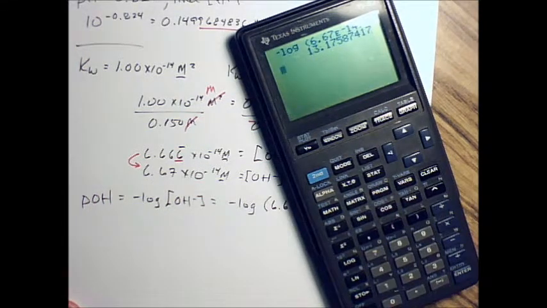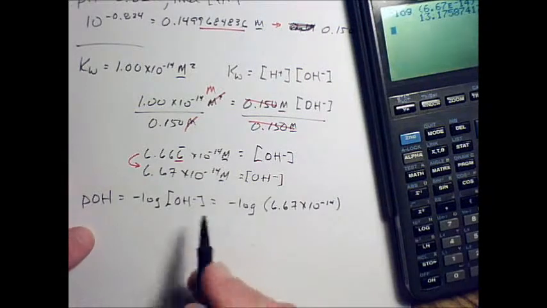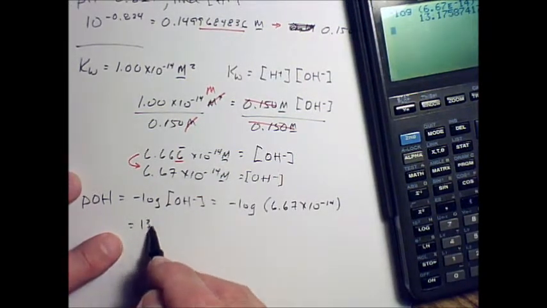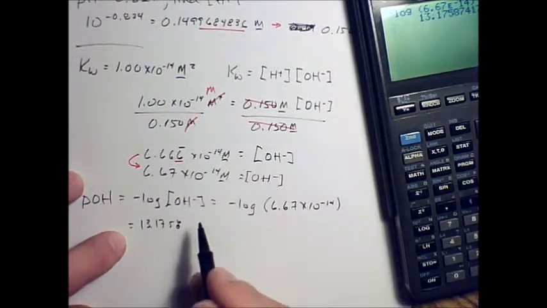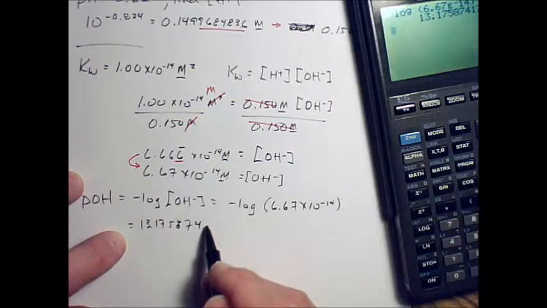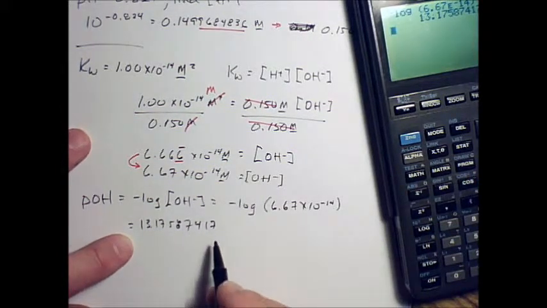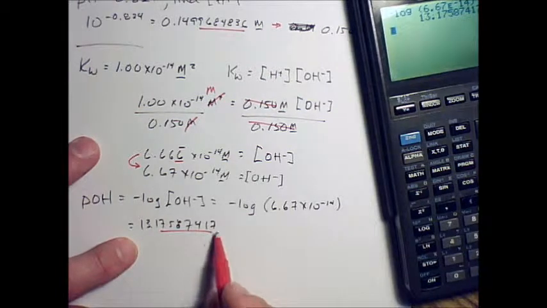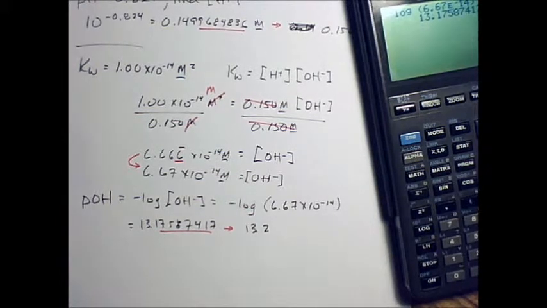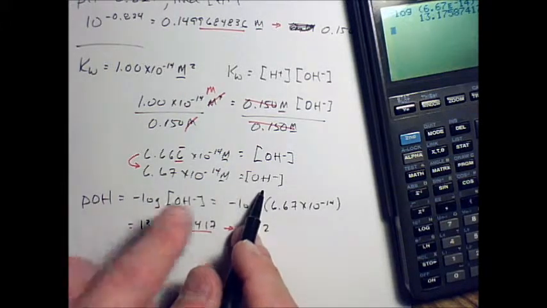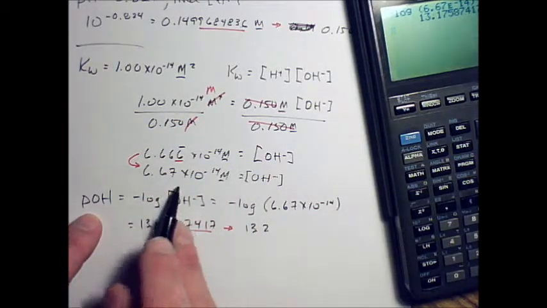And so I get a pOH of 13.17587417, which I round off to 3 digits, and I get a pOH of 13.2. The OH concentration is this, and pOH is the negative log of that.